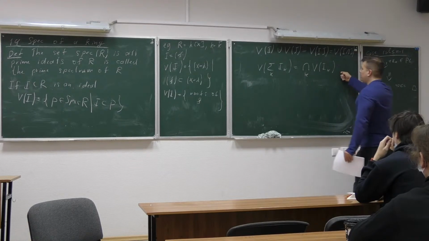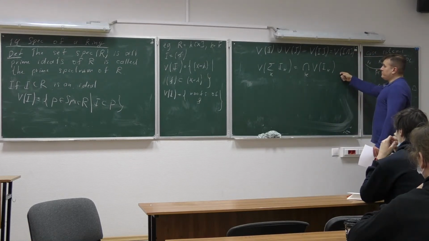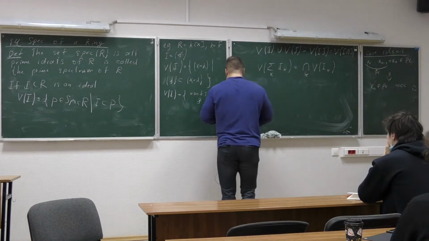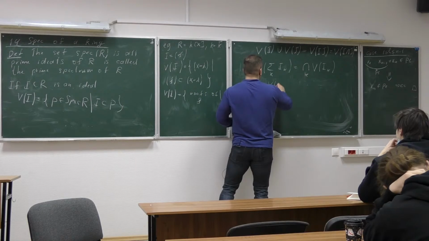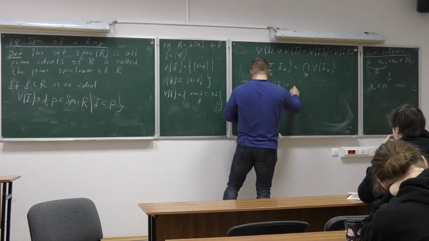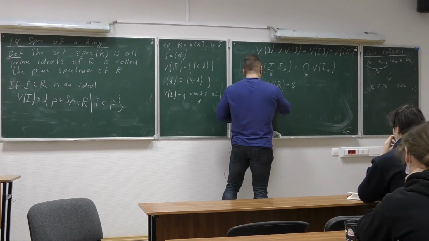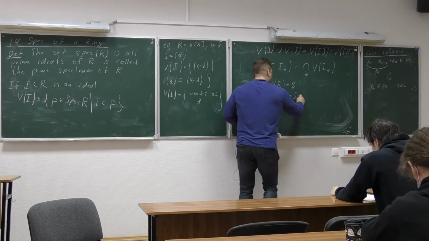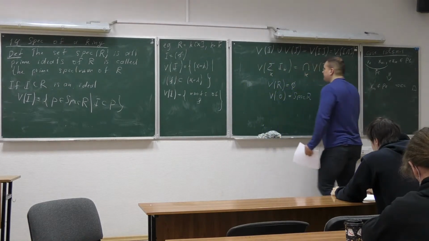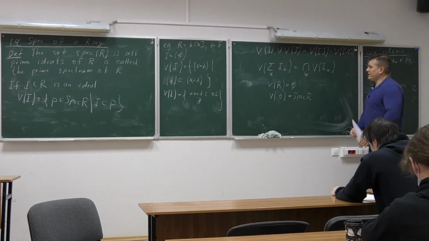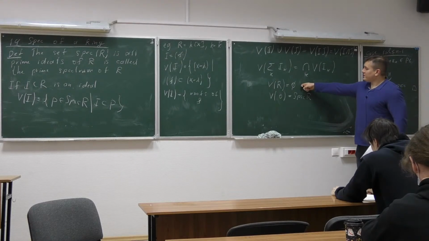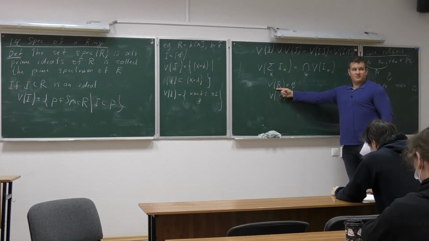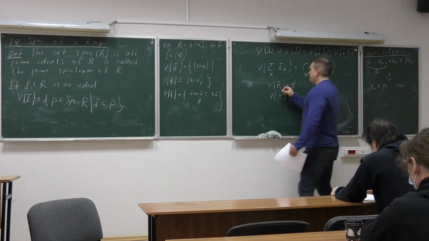And in this case, it could be any intersection, not necessarily finite, just any intersection. And of course, I also want to notice that V of the ring is an empty set, and V of the zero ideal is just the spec of R. So in this property number 3, I need to assume that I consider R as an ideal, or I can as well say that this is the ideal generated by 1.